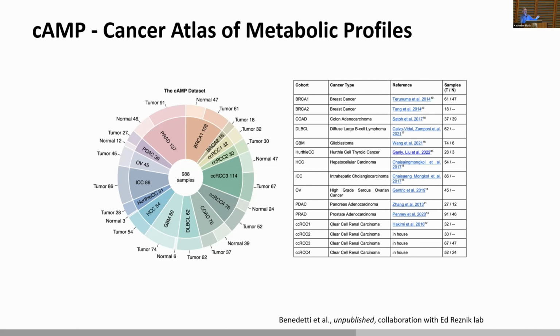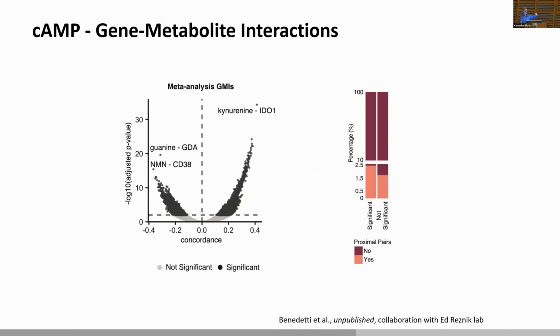Just to give you an example of what you can see, and again, you can do a million things on this, that's just an angle that we looked at. We checked which metabolites correlate with which gene expression profiles across the different cancers, and the surprising finding was that it's not what you might think.